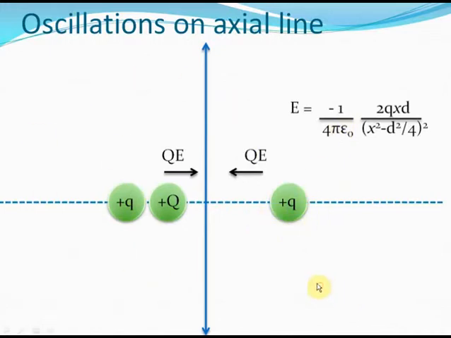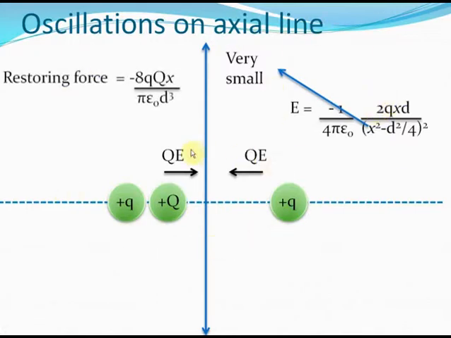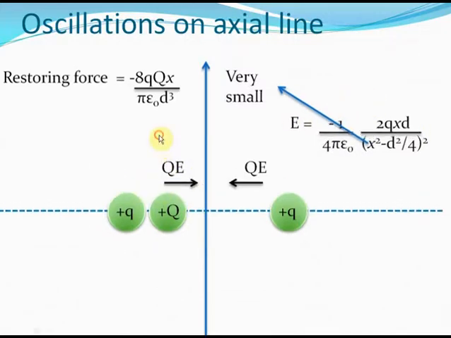So if this is the value of electric field, and if x is very small compared to d, that is the distance by which this plus capital Q charge is stretched is very small compared to the distance between the two small plus Q charges, in that case the net restoring force QE becomes this expression. I have simply calculated this restoring force by multiplying this value of electric field by capital Q. Now this restoring force is proportional to x, isn't it?